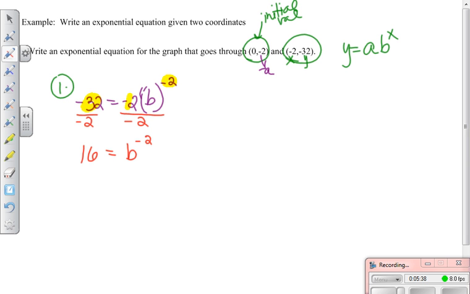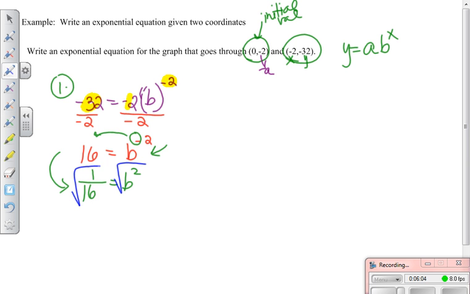Now I can't undo that negative 2, so what I can really do is flip-flop and transfer that negative. And what happens is I end up with 1 over 16 is equal to b squared. We use a reciprocal process. So if it's negative on the variable, apply it to the other side. I undo squaring with square root, and b is 1/4.